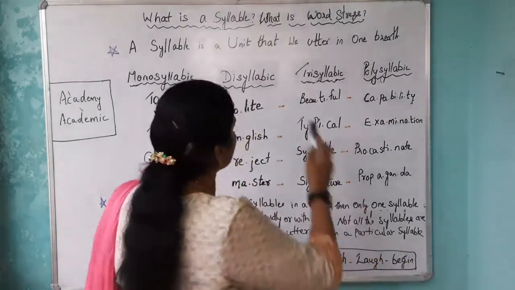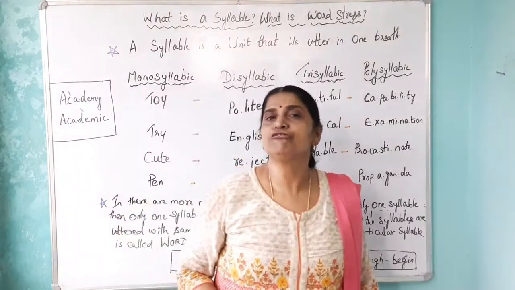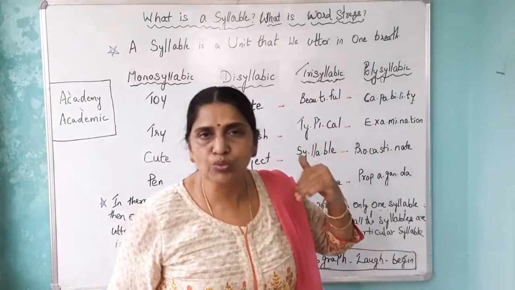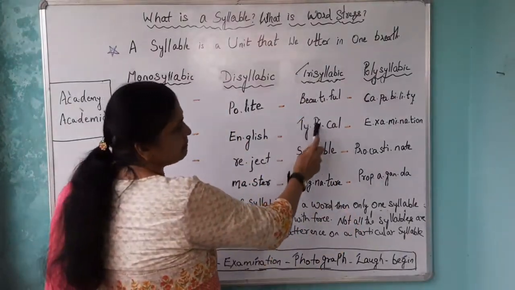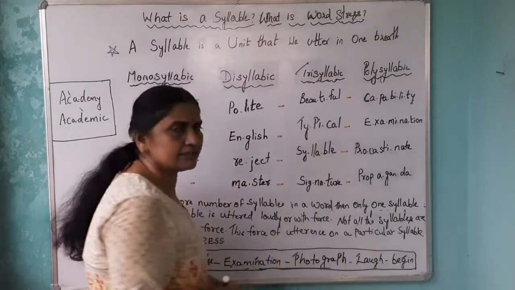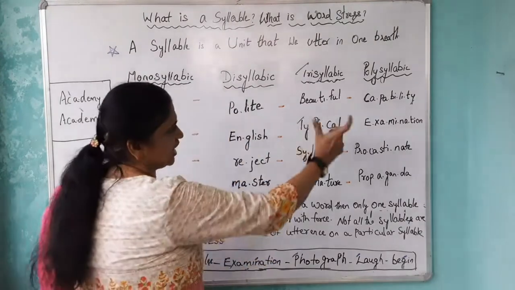Suppose a bigger word than polite, beautiful, for example. It is a trisyllabic word. Okay? Beautiful. Now this one is typical. You can understand the dot indicates, as I said, your breathing cycle or schedule.